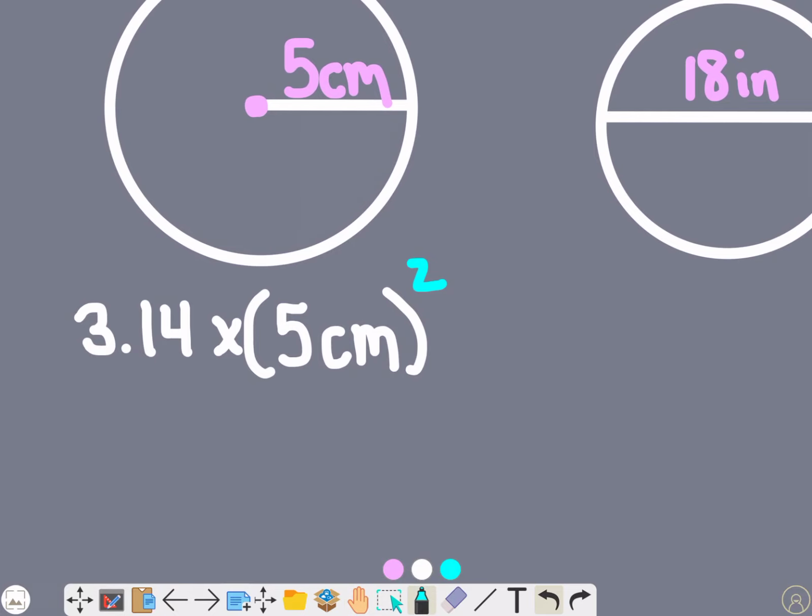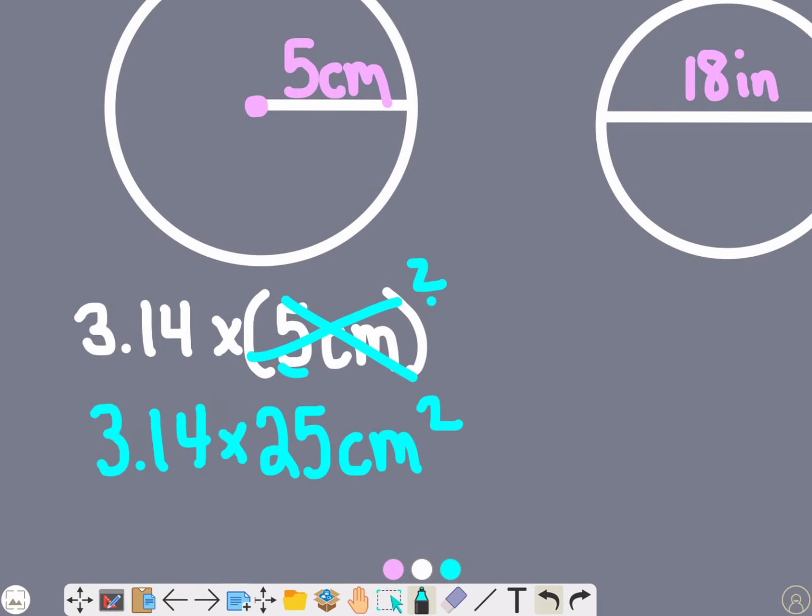So I need to square the 5, so 5 squared is 5 times 5, which is 25. In centimeters squared, centimeters times centimeters is centimeters squared. So now I've done this part. Now I need to bring down my 3.14 times 25 centimeters squared.